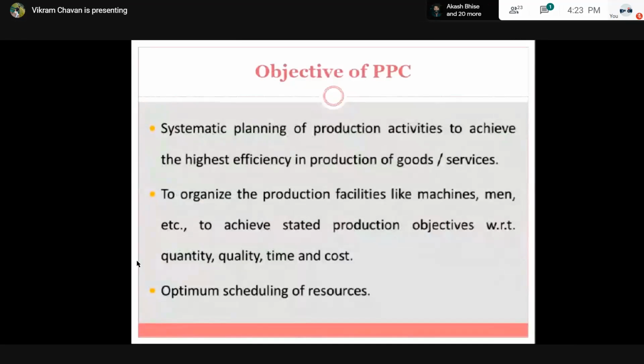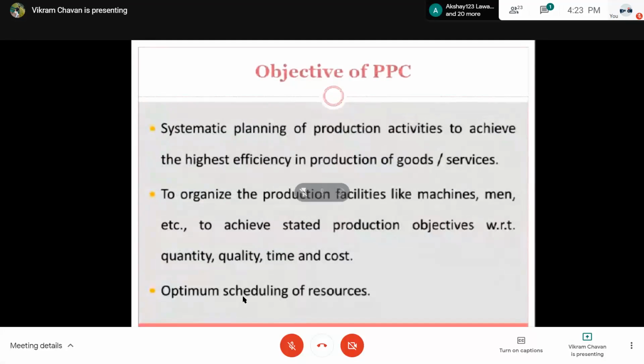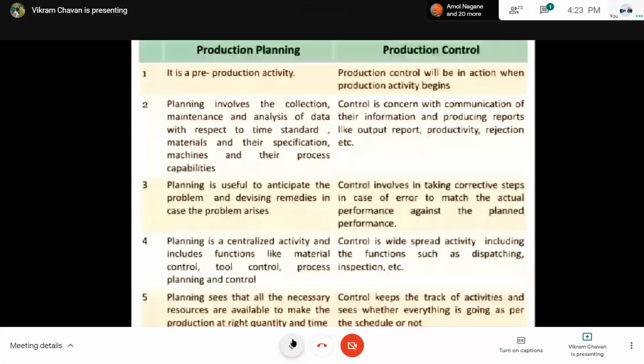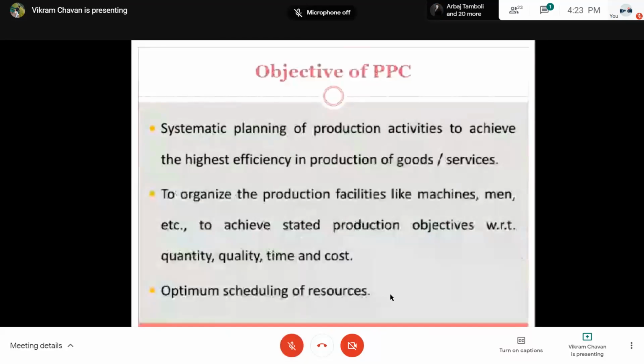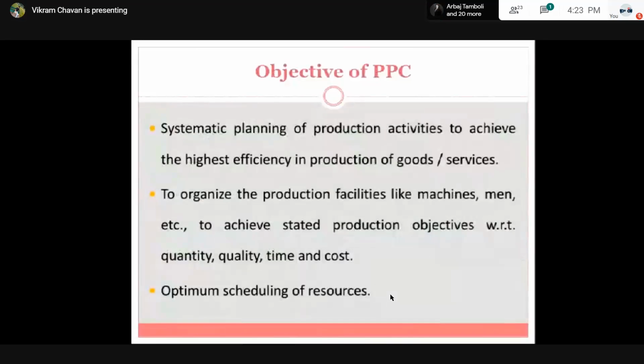Or do you require more time to note down the points? Right? Have you finished? Yes, sir. So we'll move ahead to the next point.